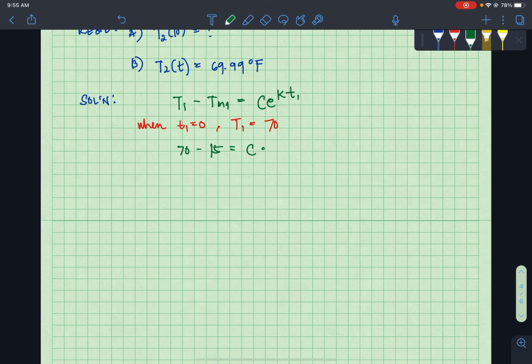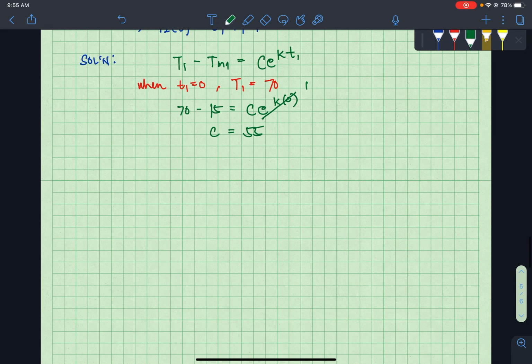So it goes to C e to the K times 0. This is 1, so therefore C is 55. Correct? So C is 55. So therefore we now have our new formula: T1 minus 15 equals 55 e to the K T1.